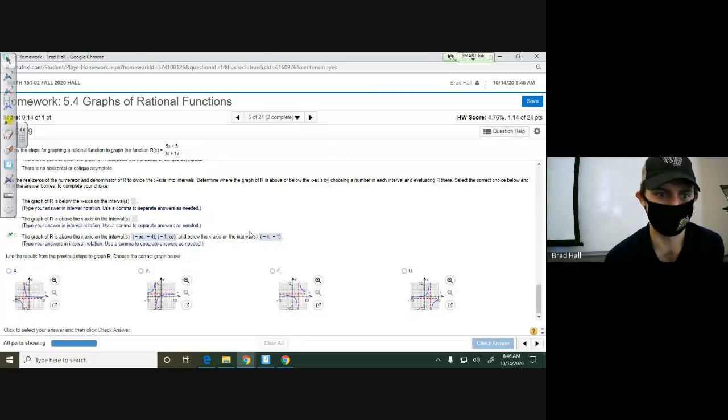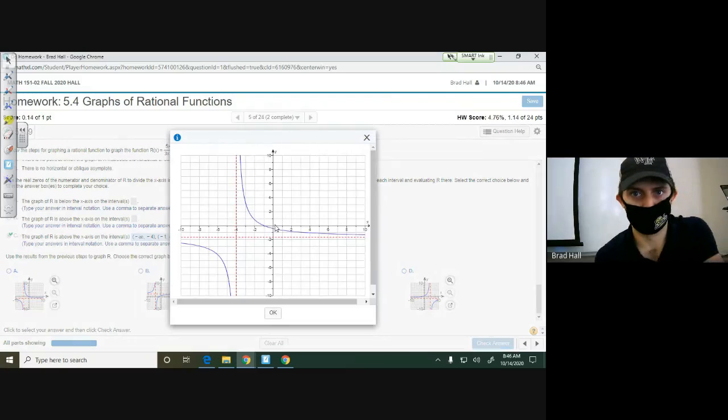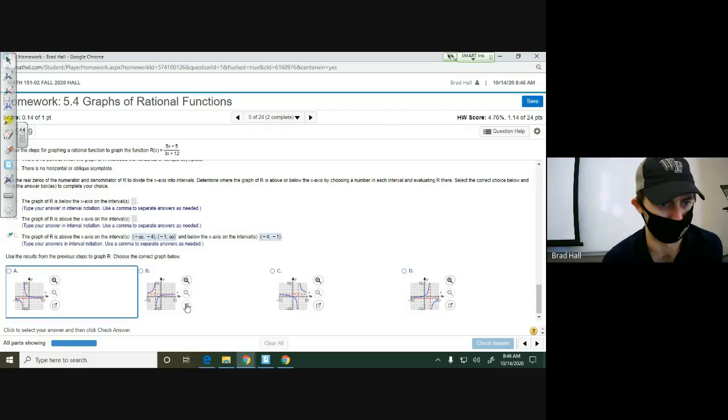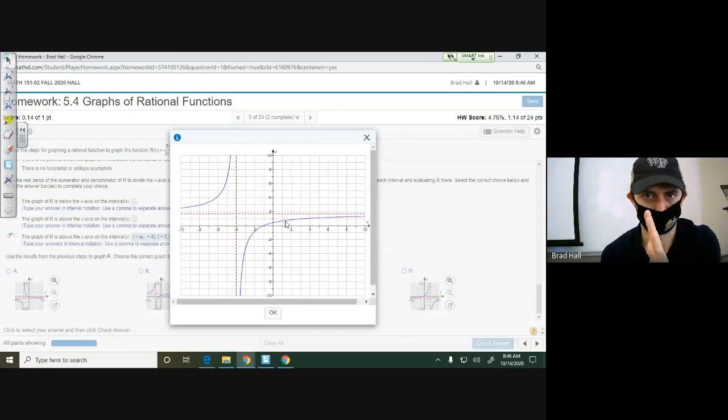And finally, we can choose the correct graph. Now, one of the easier aspects of determining the correct graph is by viewing what the asymptotes are doing. So over here, the vertical asymptote is to the left, and the horizontal asymptote is going down, as opposed to this one where the horizontal asymptote is going up, but the vertical one's going to the left.